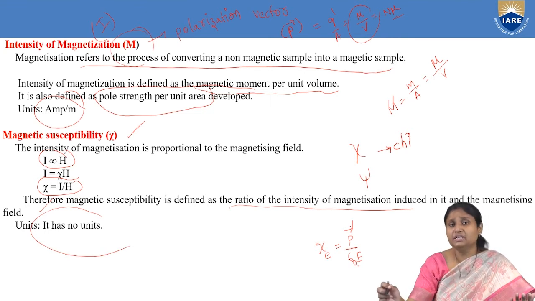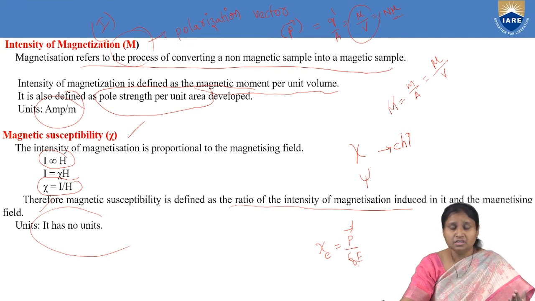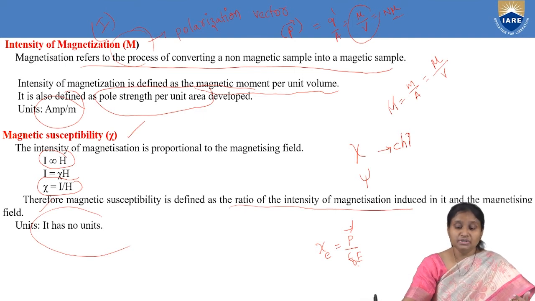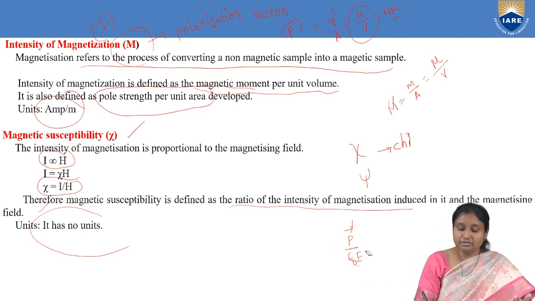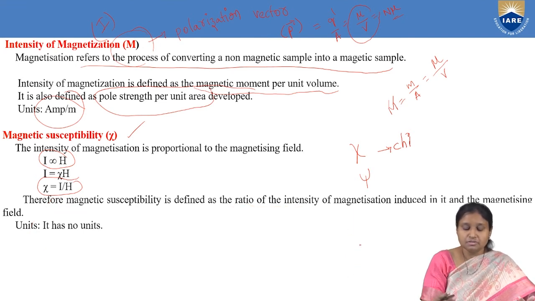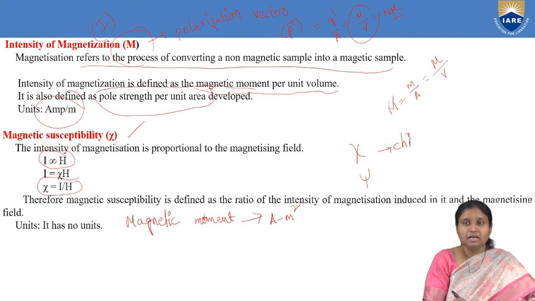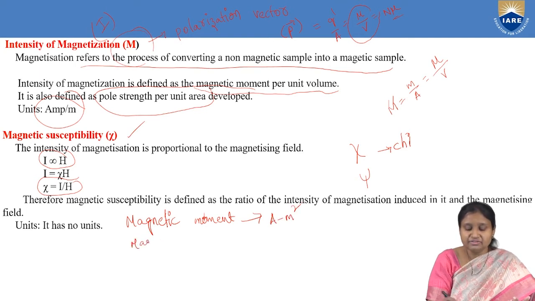Let's recollect the units of these different terms. First we discussed magnetic moment, whose units are ampere meter square. This magnetic moment is given by mu.